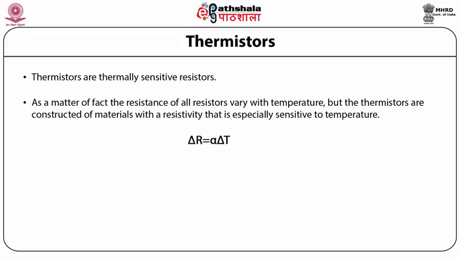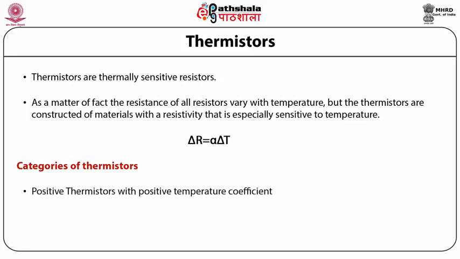That is, delta R equals alpha delta T, where delta R is the change in resistance corresponding to the temperature change of delta T, and alpha is the temperature coefficient of resistivity. Students, there are two categories of thermistors. First is a positive thermistor with a positive temperature coefficient. Second is a negative thermistor with a negative temperature coefficient.